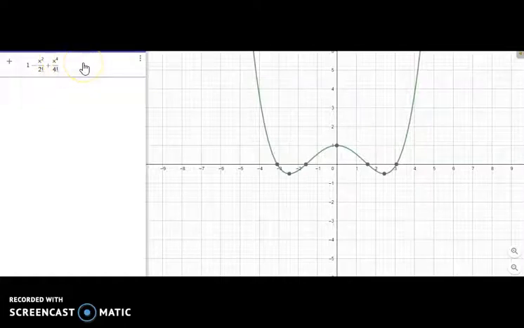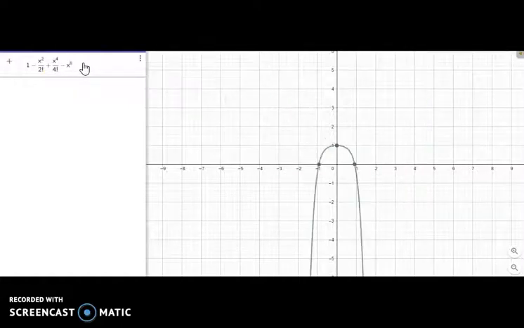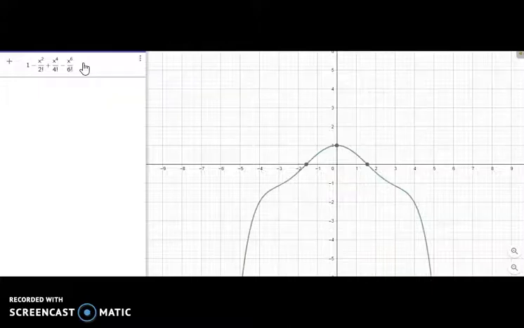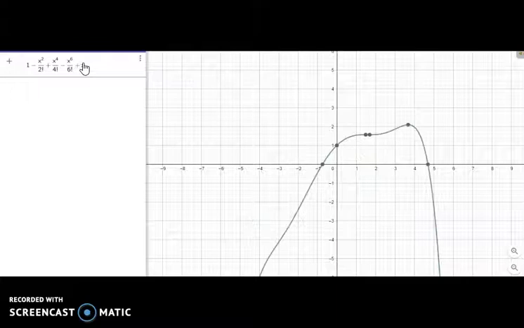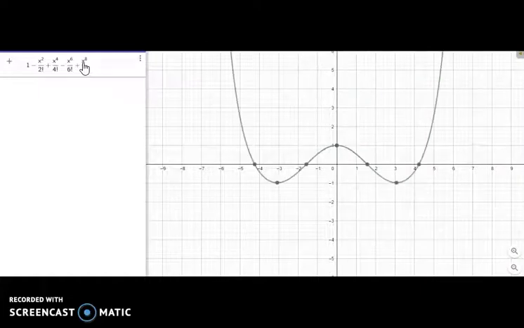Now I am again going to increase the number of terms, minus x power 6 all divided by 6 factorial. Now see that it is not yet like a cos curve, but I am going to increase the number of terms again, plus x power 8 all divided by 8 factorial.